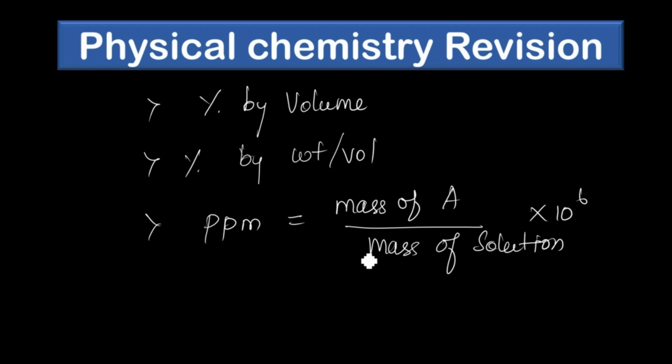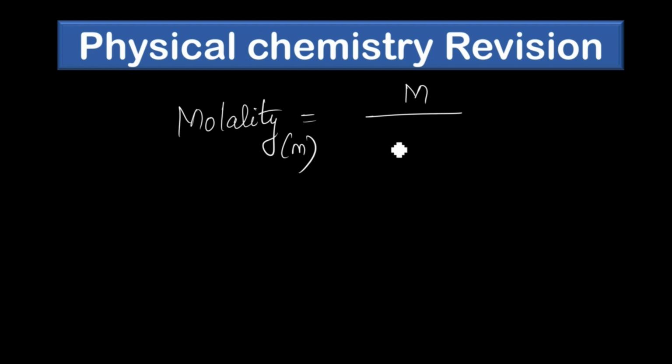Okay. Then the next formula, an important one, is molarity and molality conversion. Let's say they have given the molarity and are asking for molality. You can use this formula. Molality is mentioned as a small m. Molarity is mentioned as a capital M. Density minus M times m1, the molecular mass, by 1000.